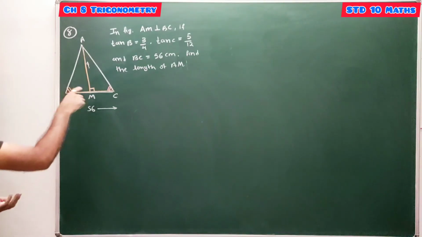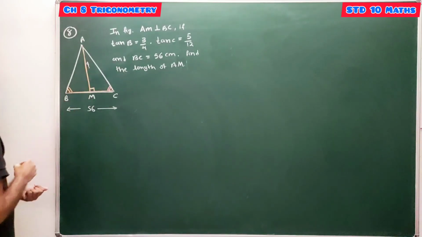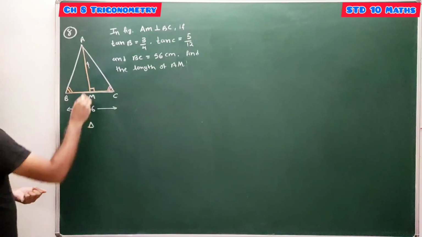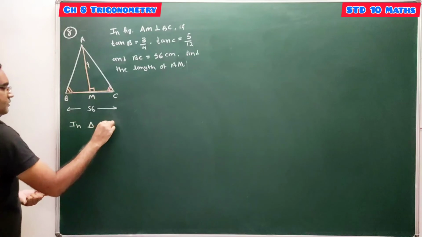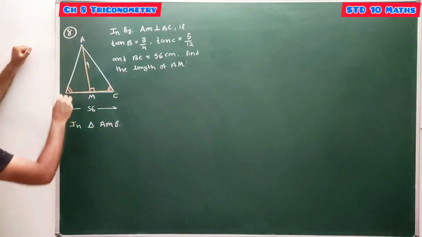Done. AM is perpendicular to BC, so angle AMB is 90 degrees. So here tan B is given. So we can use triangle AMB, a right angle triangle, we can define trigonometric ratio.